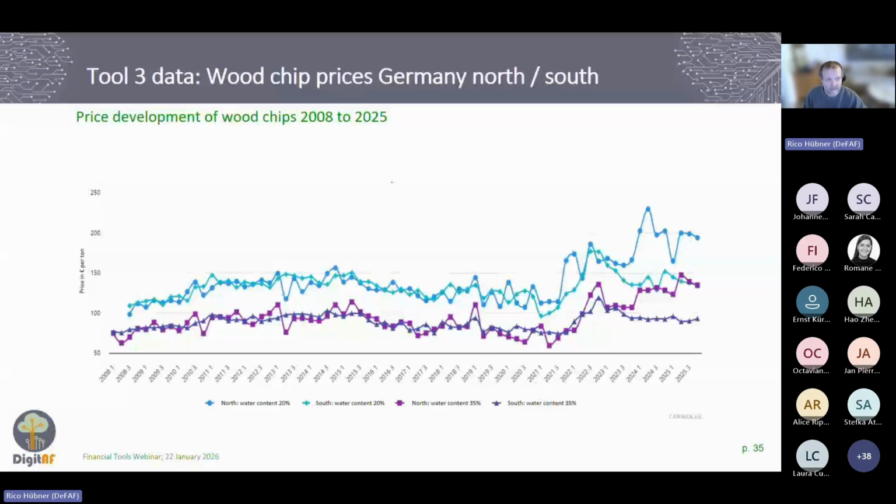So you can clearly see here with the war on Ukraine how much the price for wood chips went up, and it seems still that the price for wood chip remains at a very high level at the moment. So wood chip based energy production and heating is currently an economically very interesting business.